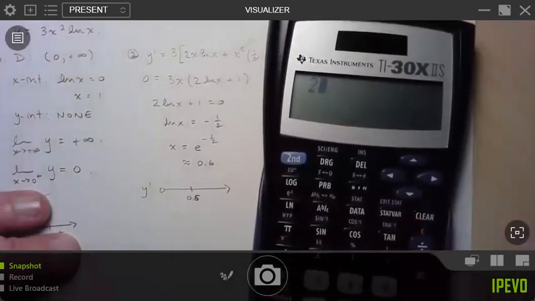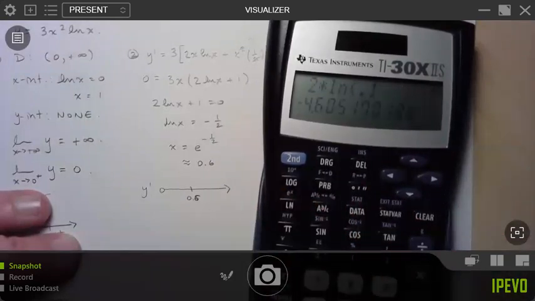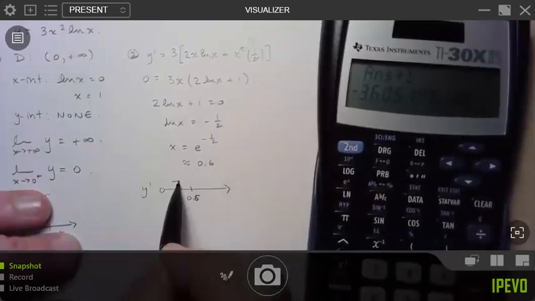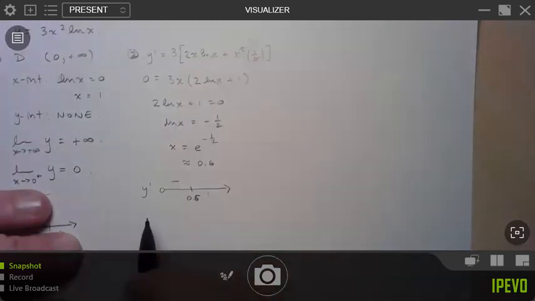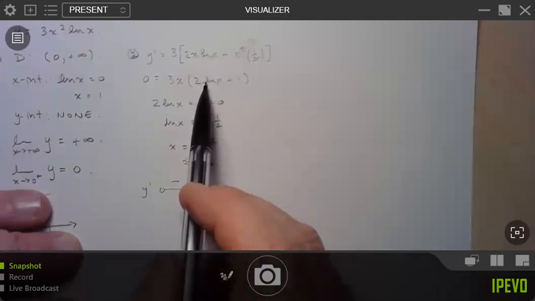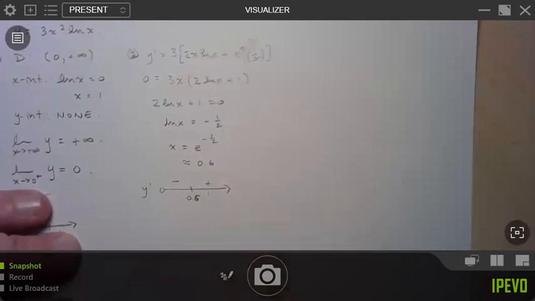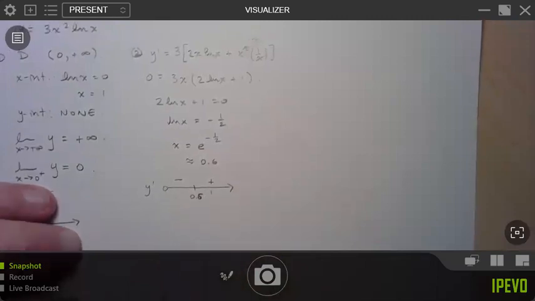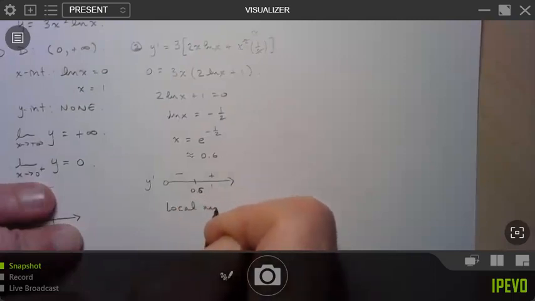So 2 times ln of 0.1 plus 1 is negative. And then if I stick in x equals 1, well, that one's easy to do because ln of 1 is 0, 0 plus 1 is going to be positive. Okay, so since I'm going from decreasing to increasing, this means we have a local min.